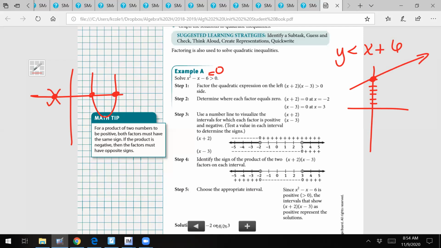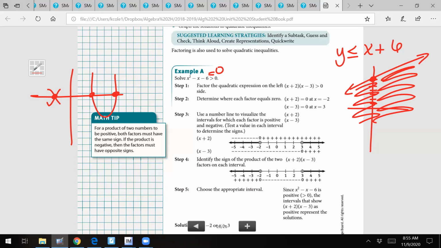Actually the line should be dashed. Do you remember that? If it was not equal to, you had to have a dashed line. We'll go ahead and put the line there so it is a solid line. So it's less than. If it's less than this, remember you shaded below the line. Do you remember that? The less thans include the shadings.